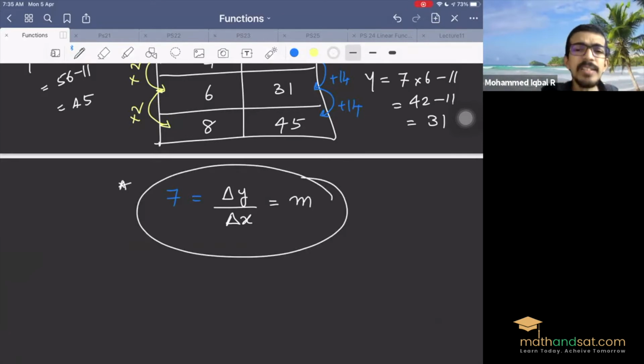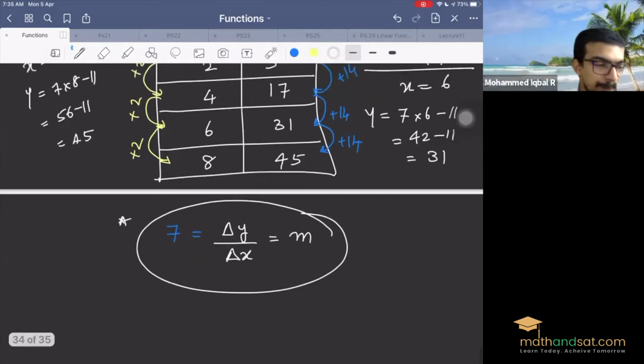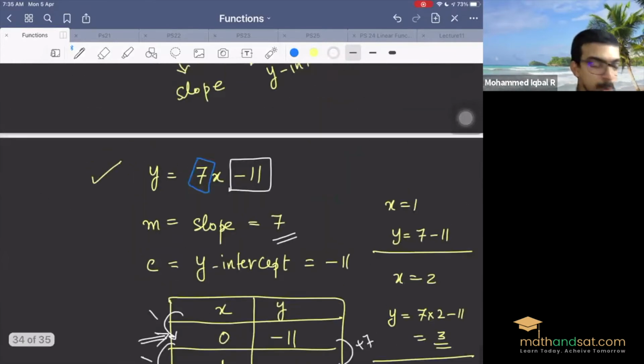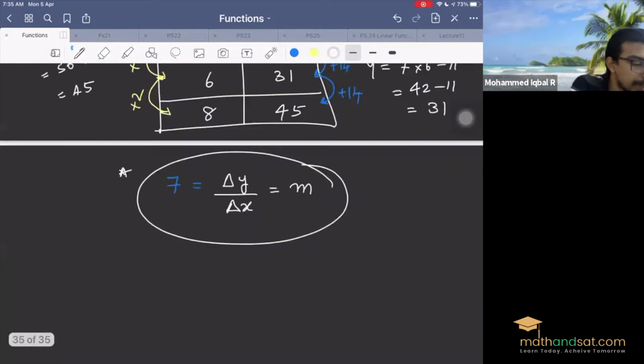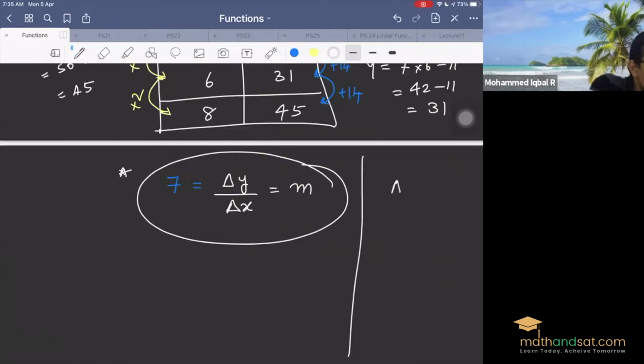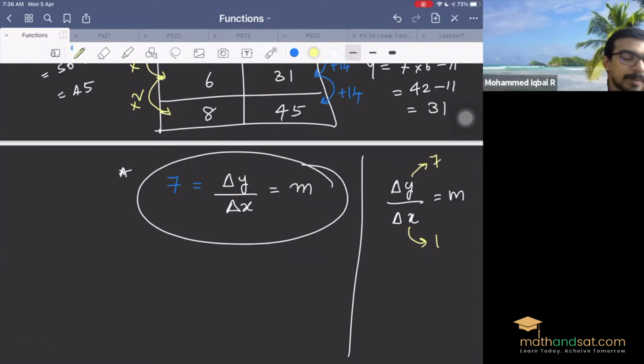Now, is this consistent with our previous observation? Yes, definitely, because if you consider this expression delta y by delta x as m, in the previous case, your delta x was chosen as 1. Then this came out to be 7. In this particular case, when your change in x was chosen as 2, this came out as 14.